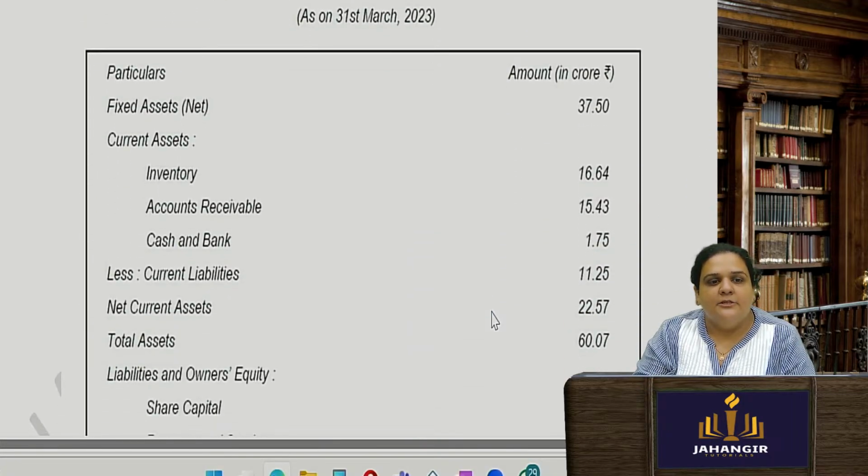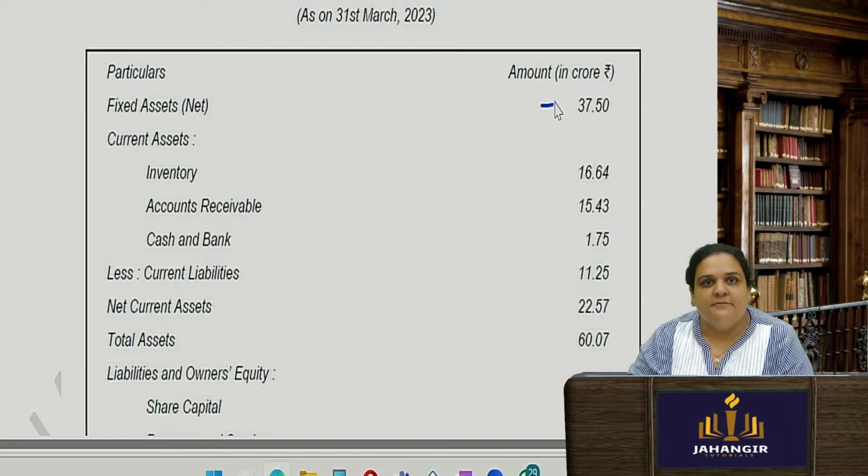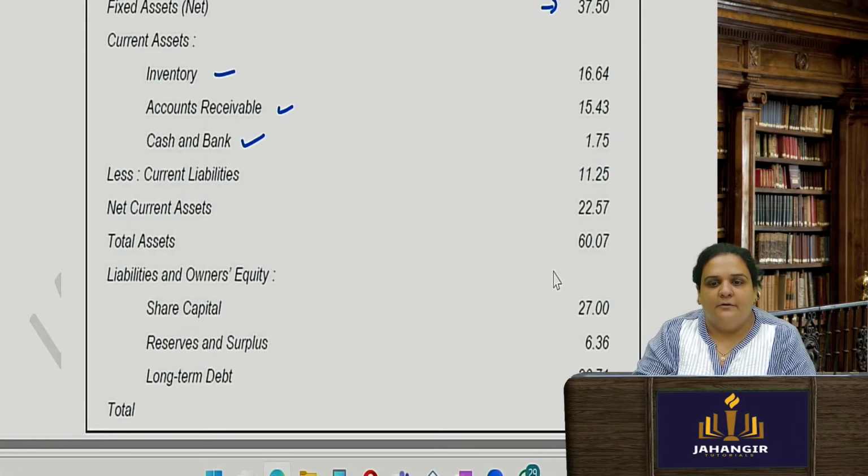In case of the balance sheet, we have fixed assets 37.5. In current assets, inventory, receivables, cash at bank. Current liability is 11.25. So your net current assets is 22.57. Total assets will be 60.07, that is net current assets plus your fixed assets.